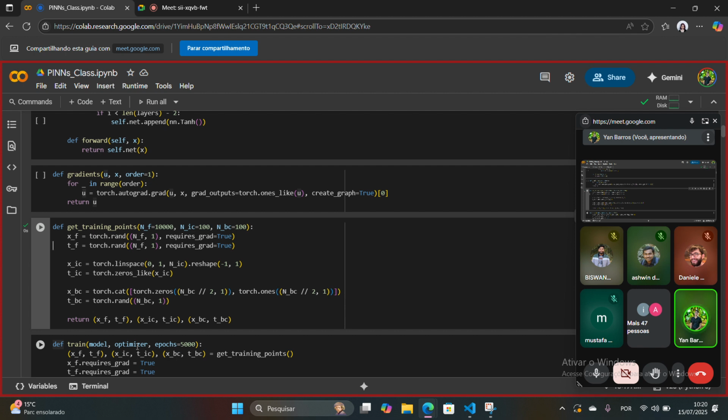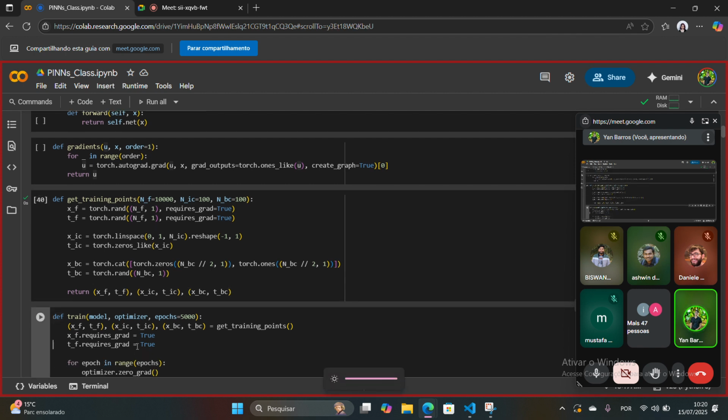One good tip for training neural networks using PINNs is that we can use Sobol functions for generating the collocation points. It's one thing we can use to have more security in the results.